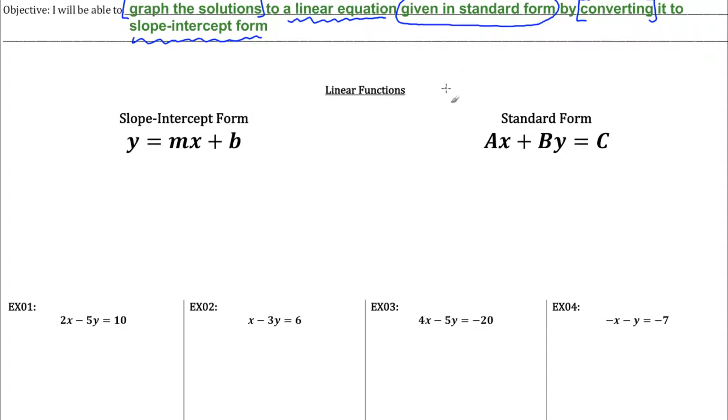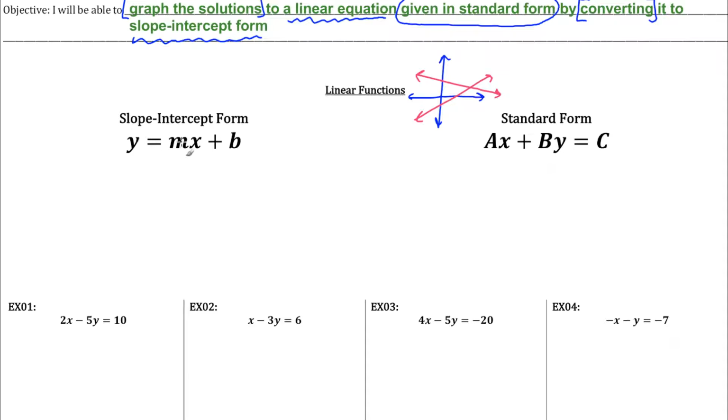Now, remember linear functions, if we have an x and y axis, are just like lines, right? Linear function, constant rate of change. So we are familiar with this. y equals mx plus b.